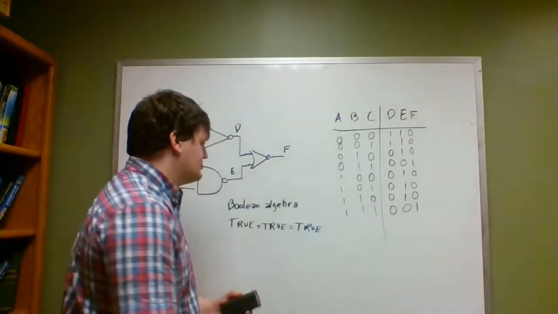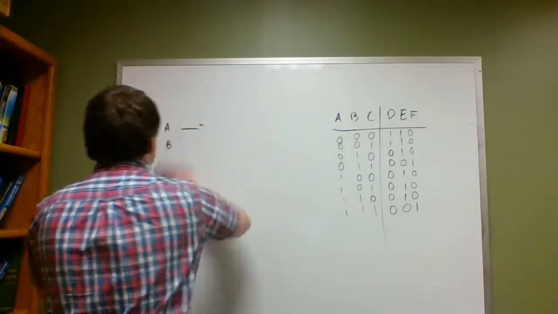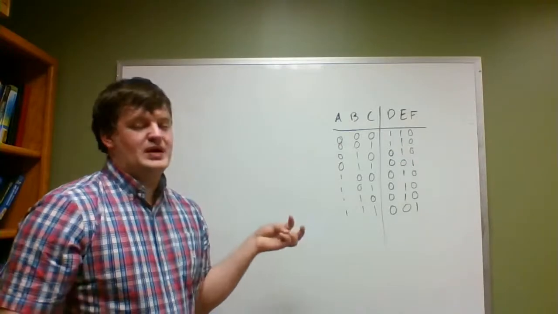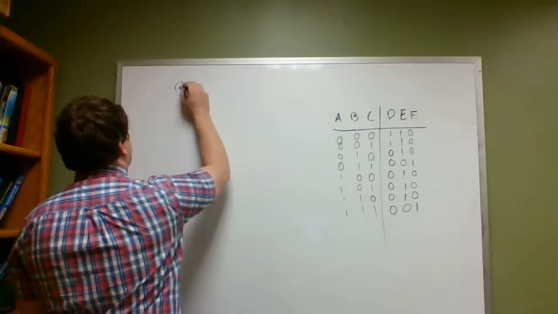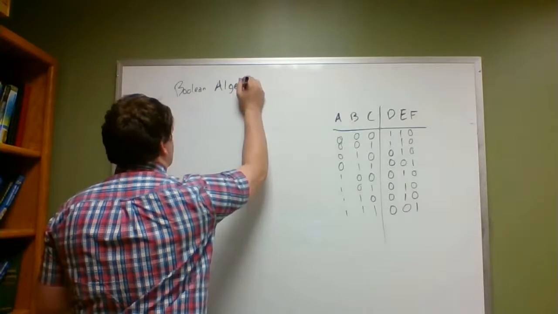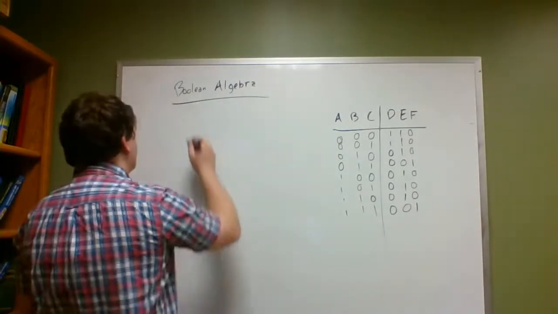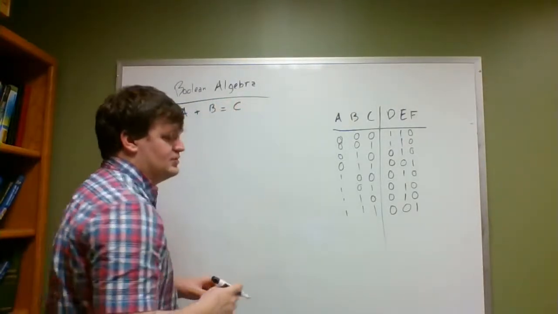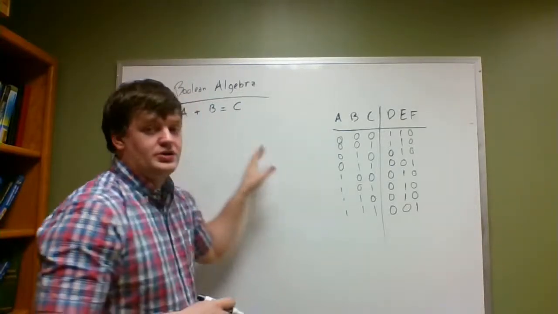So with Boolean algebra, the important thing to note is we have basically 3 different functions. We have function 1, which is addition. A plus B equals C. Now the idea is if either of these are 1, C is 1.